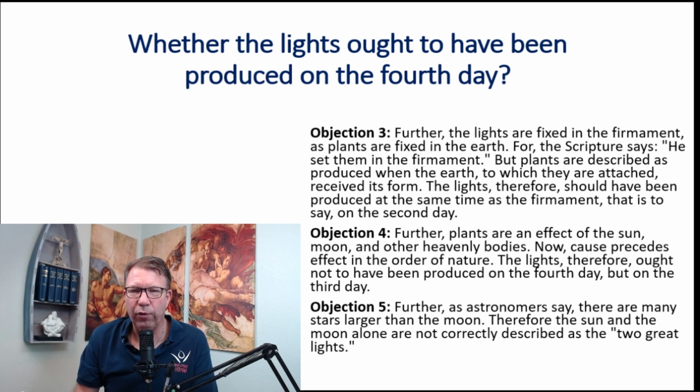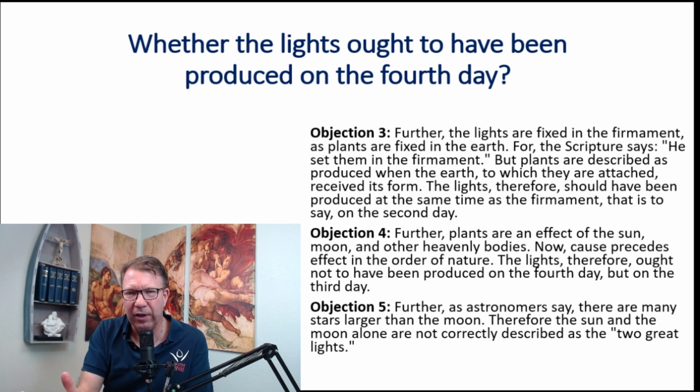Objection 3 said, "Further, the lights are fixed in the firmament as plants are fixed in the earth. For Scripture says, he set them in the firmament. But plants are described as produced when the earth, so they're produced." Okay, remember on day 3, it was not only the earth separating from the waters, but also the plants were introduced.